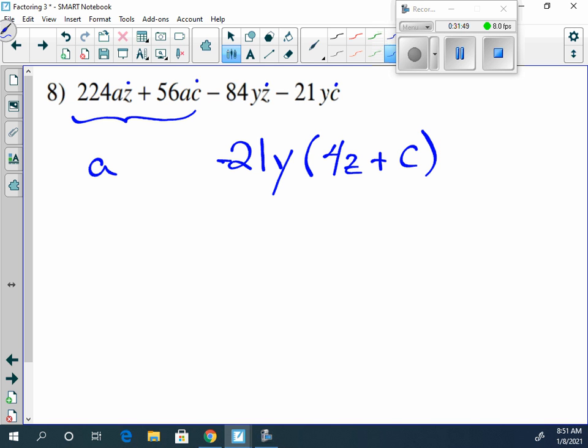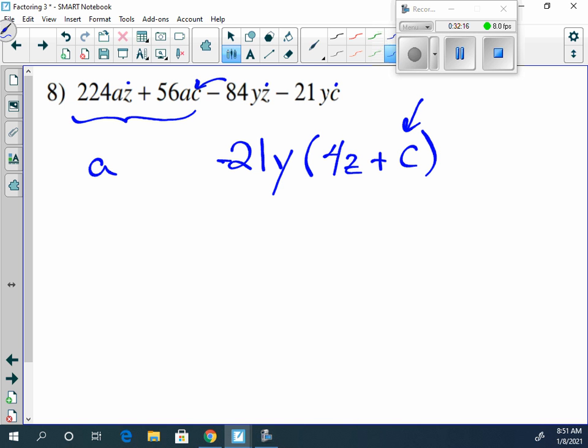Okay. Now this is kind of why we did this first, because it's a little bit easier to see with 21 and 84. Would you all agree with that? So it'd be 56. Because when we look at this here, I have just c, yes? So after we factor something out, this 56ac should be just left as c. So we can look and see, does 224 divide by 56?